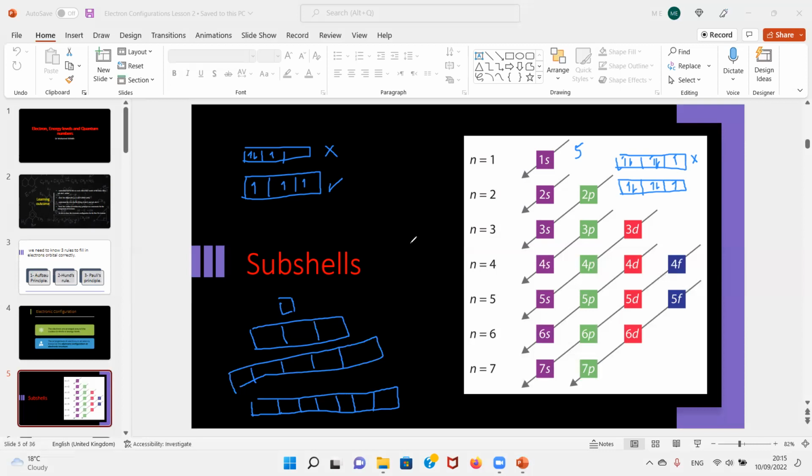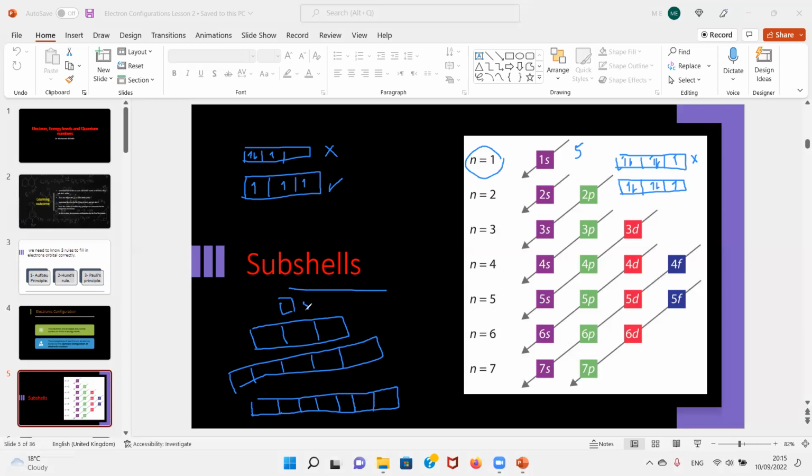Okay, so as we said, this is the energy level, the N number 1, 2, 3, 4, 5, 6. So we call this energy level. The energy level has another name, which is shell. And then the S, P, D, and F, we call them subshells.